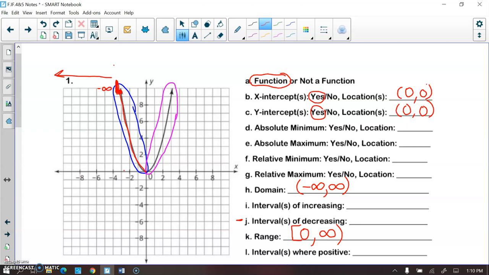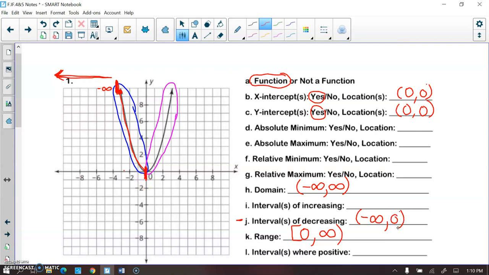The y value is going to be infinity because it's going up and up forever, but we are reporting the x values. And the leftmost x value is, since there's an arrow, going towards the negative infinity side on the x-axis. So I have negative infinity all the way down to the x value. My rightmost x value in that blue section is 0.